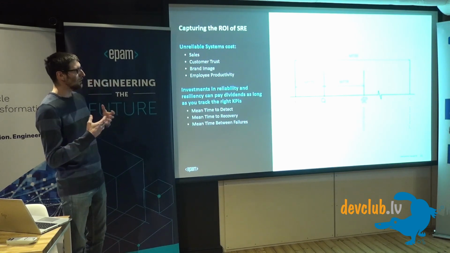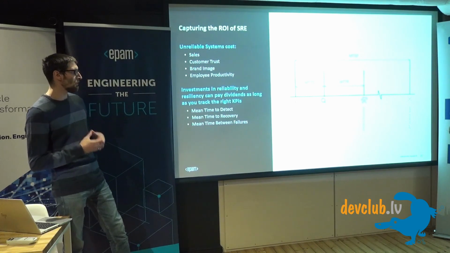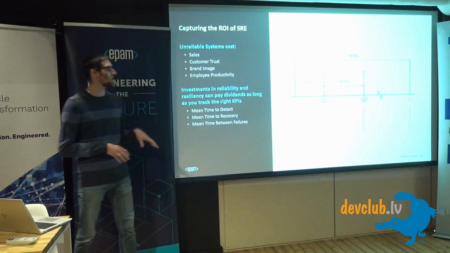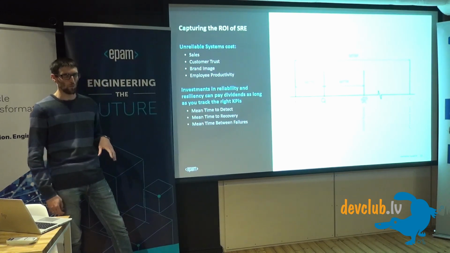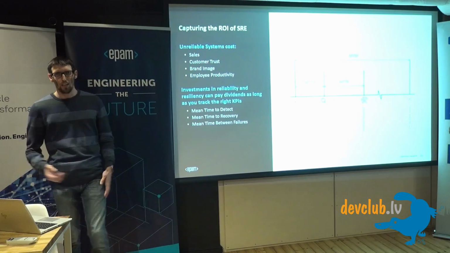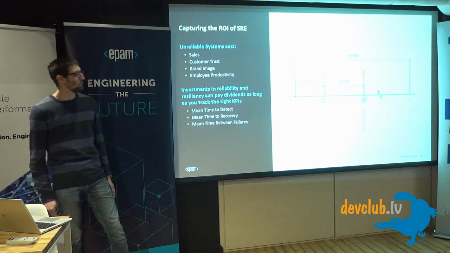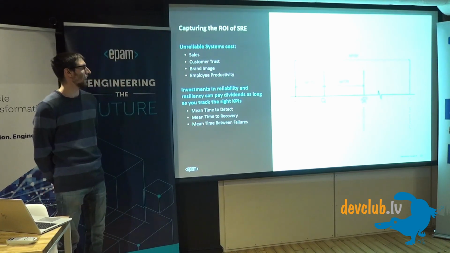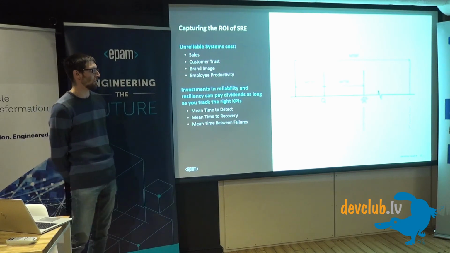And if we are trying to implement SRE, we definitely would like to decrease our MTTD and MTTR metrics, right? We don't want to spend an hour to find out that our product is down. And same for the recovery. And definitely we would like to increase our MTBF.